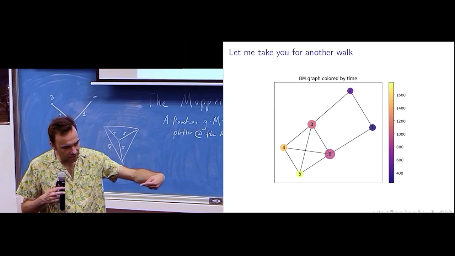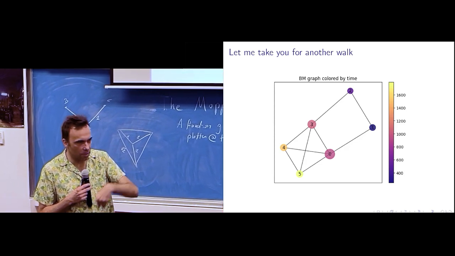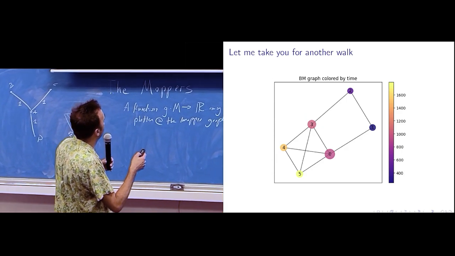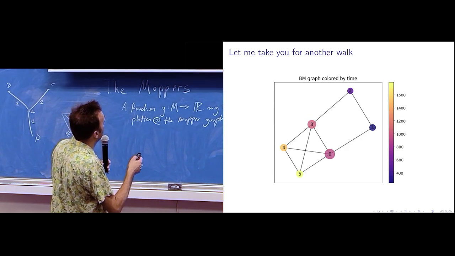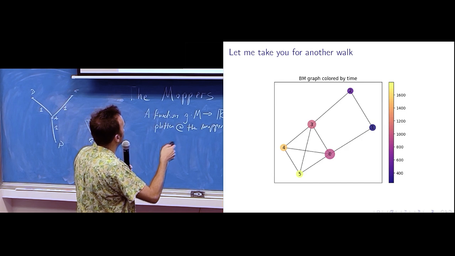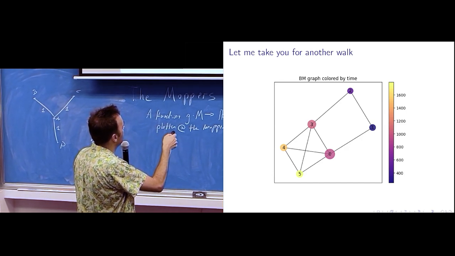And normally you get a hint because the coloration is the time of my walk. So how long in my walk did I reach a given node? So over here, I started somewhere here, and I went here, and there, progressing on the color scale. I came back. One of the farthest points was over here, but then I came back.